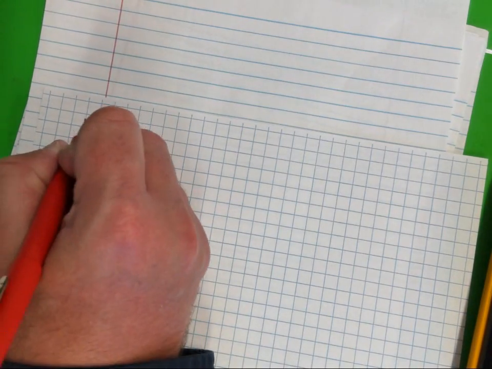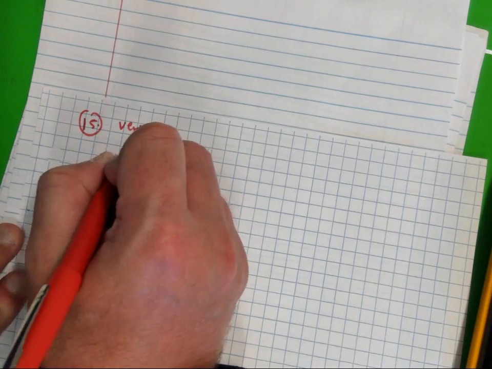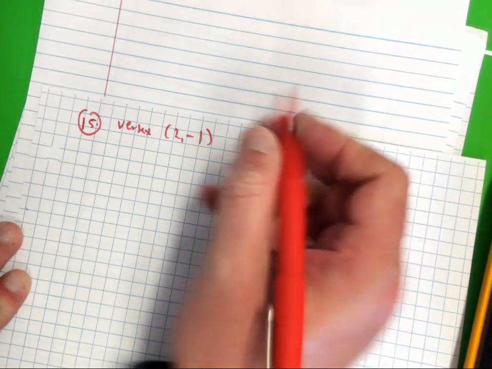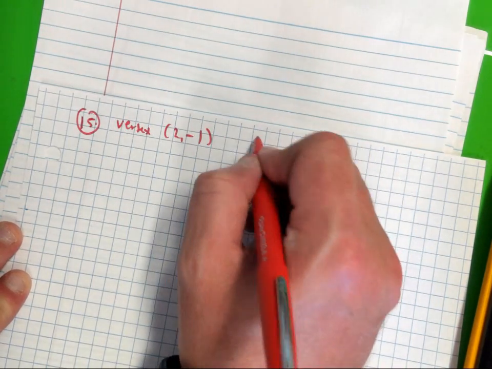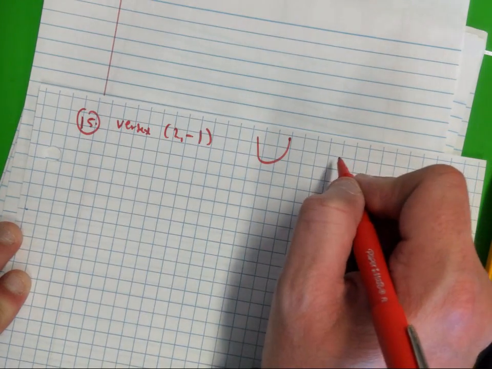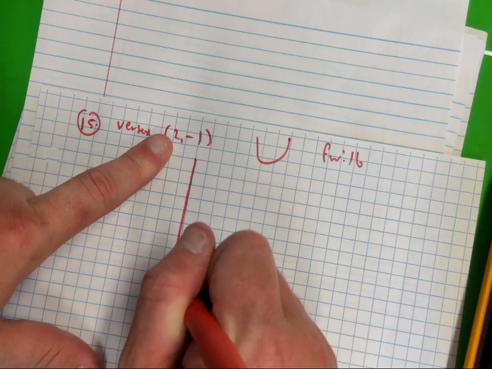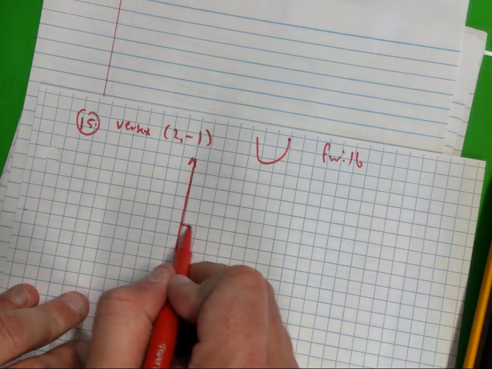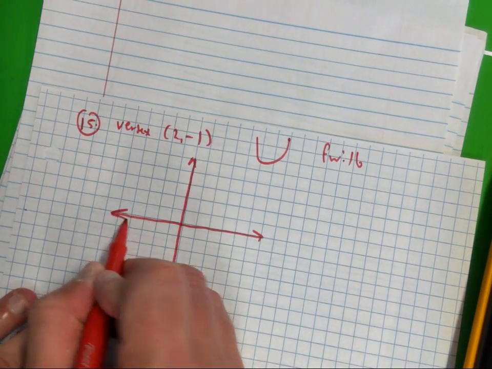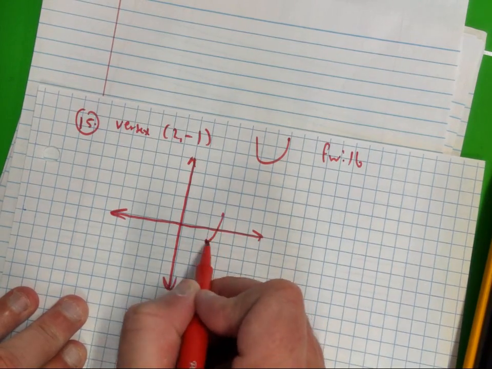Alright, let's look at number 13. Let's look at 15 first. Vertex (2, negative 1), opens upward, and a focal width of 16. Well, they did a lot of work for you here and gave you a lot of information. This should be easy. (2, negative 1), it opens upward.